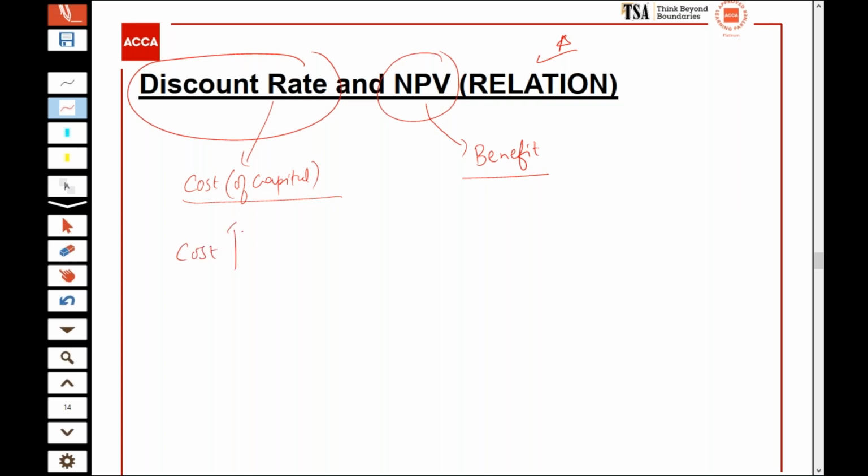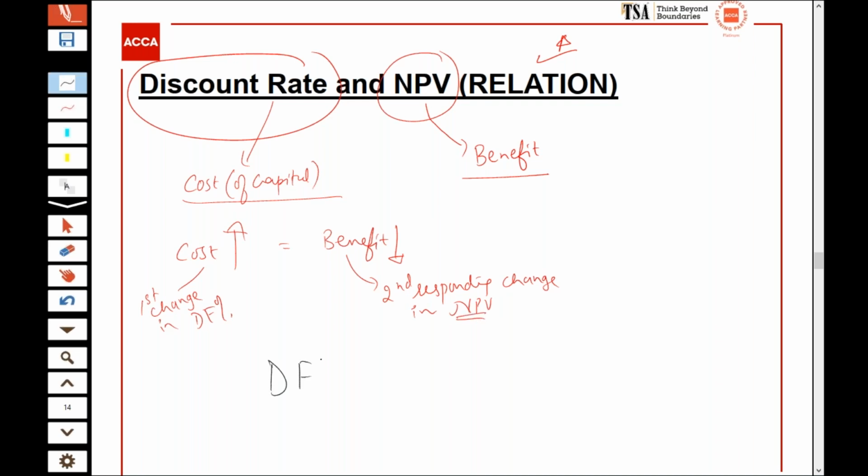When cost increases, that means benefit decreases, obviously. So there will be the first change in discount factor, and second, a responding change in net present value. So when your discount factor increases, net present value decreases.